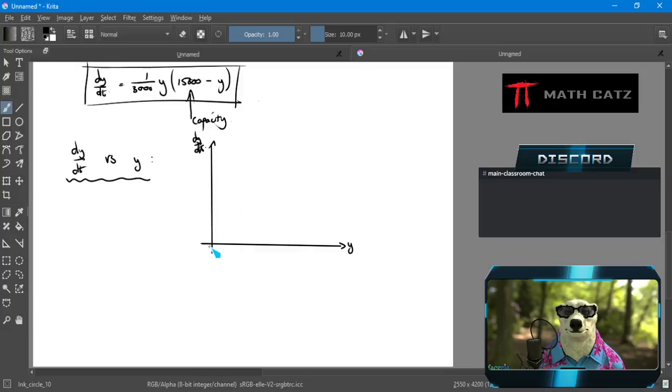And that's just a parabola with horizontal axis intercepts at 0. Let me draw a parabola. This one is much wider and flatter than this, but who cares? Just visualizing it. Over here is 15,000.